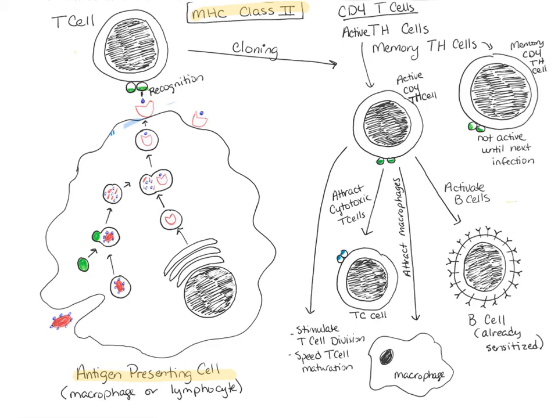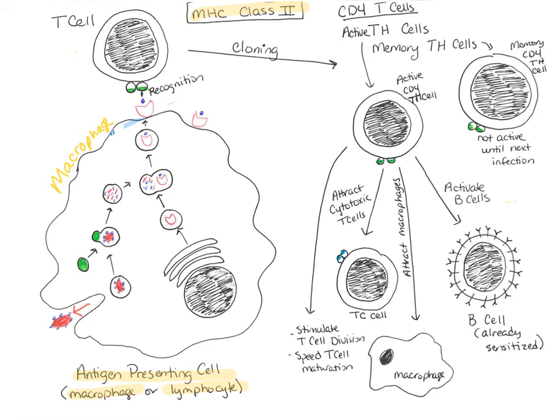These are cells like macrophages or lymphocytes. Here's an example of a macrophage. Macrophages engulf things. So this cell didn't just happen to get infected. It tried to get infected. It engulfed the bacteria. That's what the macrophage does.